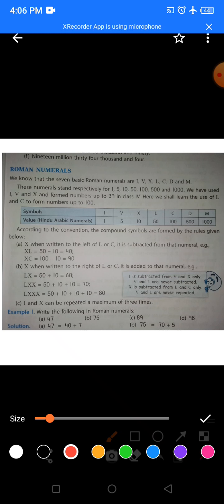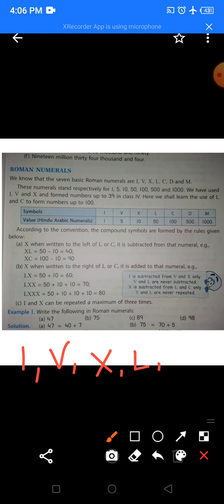Those are 1, then 5, then 10, then 50, then 100, then 500 and then 1000. Children, you should always remember this. These are the 7 basic numerals.